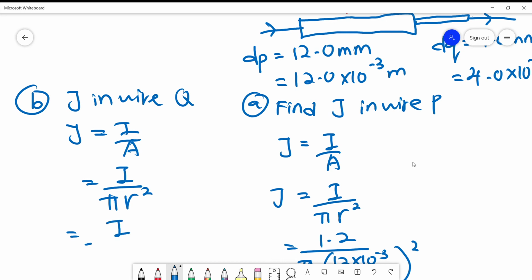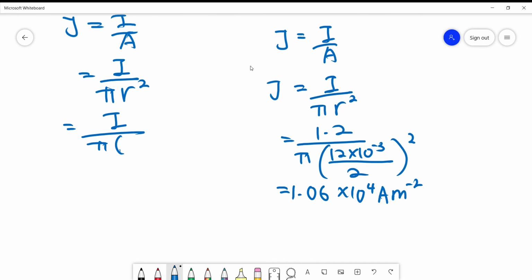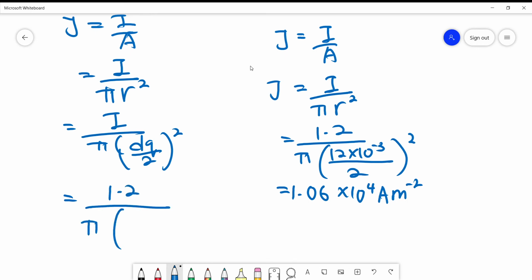So this is I, which is 1.2, over pi, and this is dq over 2, squared.